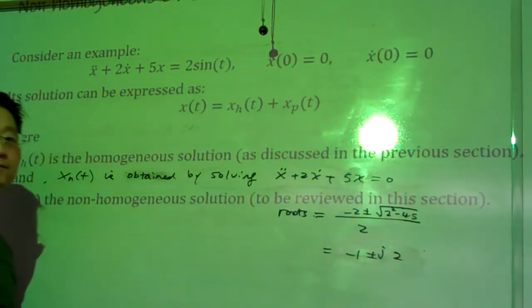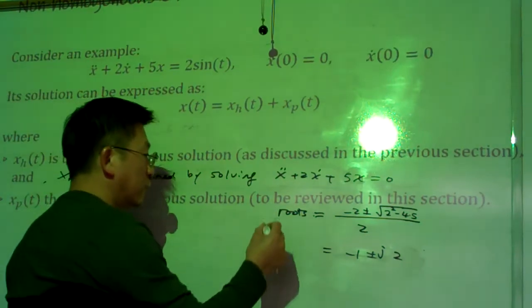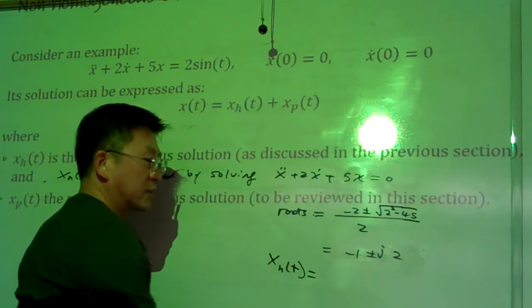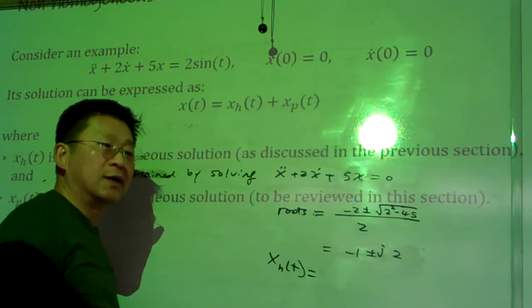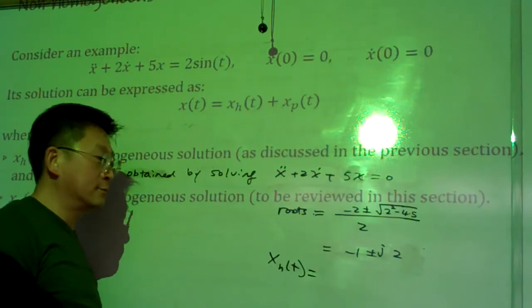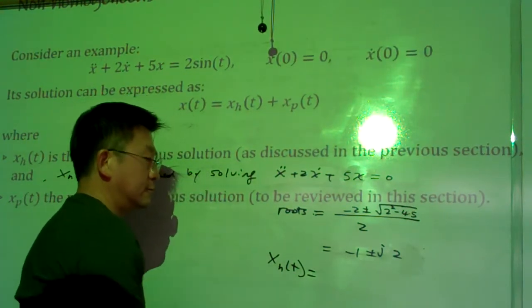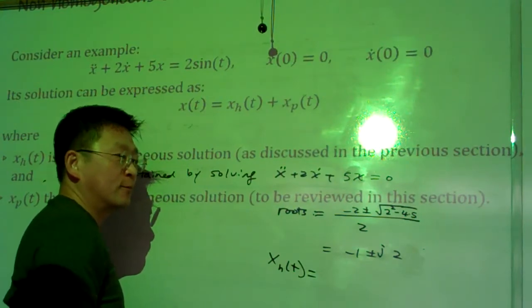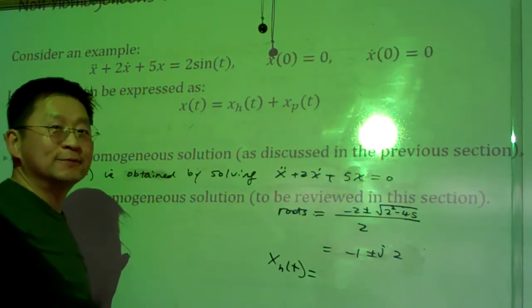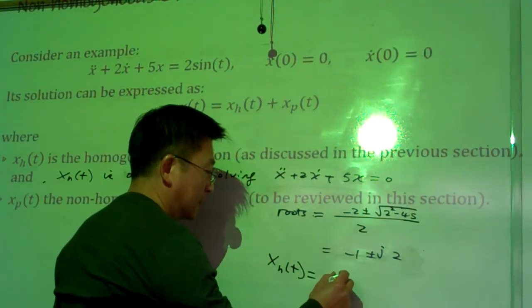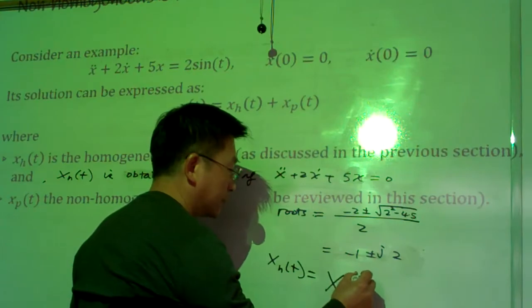So that's the root. In this way, x of h will be equal to, under this case, you should be able to write it. What is that? It's a couple form, right? And I like it in the form with the capital X.